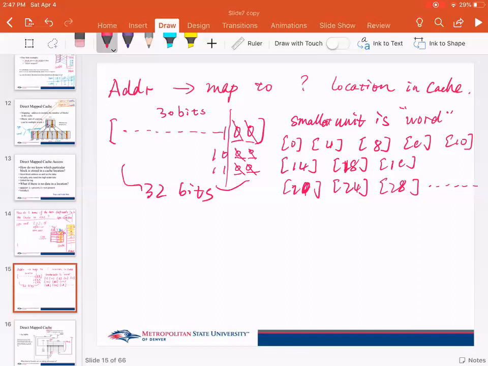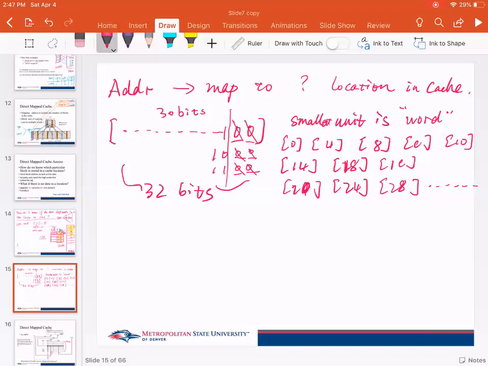When we do the mapping, it does satisfy a principle. So we do not have to store the whole 30 bits inside of the cache as the tag.